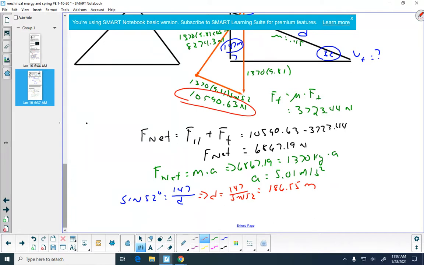So now we know a displacement. We know an acceleration. We know an initial velocity.